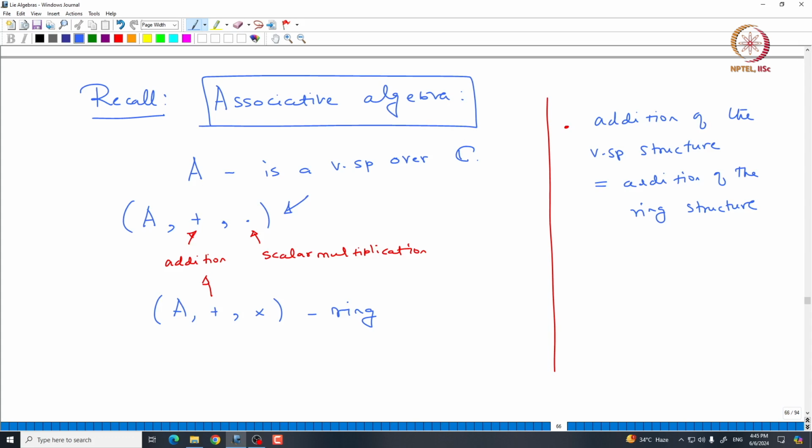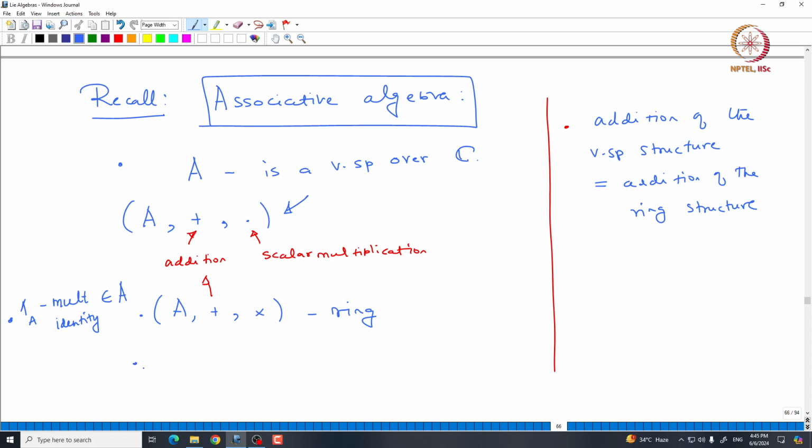We also assume that all our associative algebras are unital. That means we have a multiplicative identity, which we denote by 1A. That is called the multiplicative identity, and we assume that it is there in capital A. So, these are all the conditions: first, second and third.